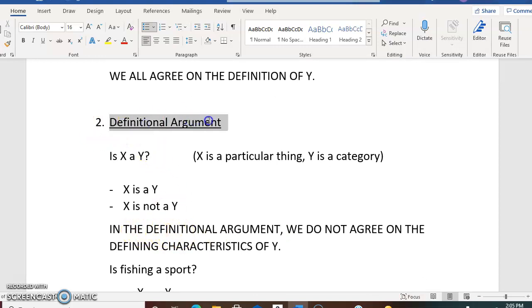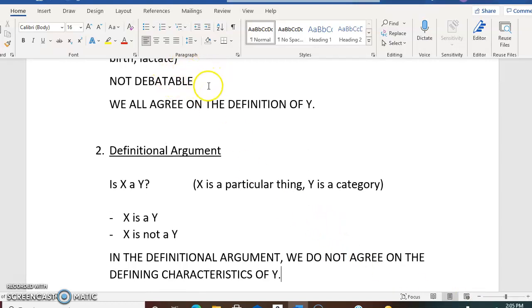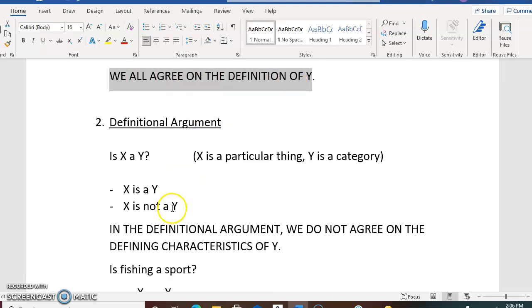In the definitional argument, we do not agree on the defining characteristics of Y. So in other words, in the simple categorical argument, the category Y, whatever it was, has to be something that we all agree on. And that's what makes it not debatable, because it's just a matter of saying, well, does X match the definition? Yes or no?